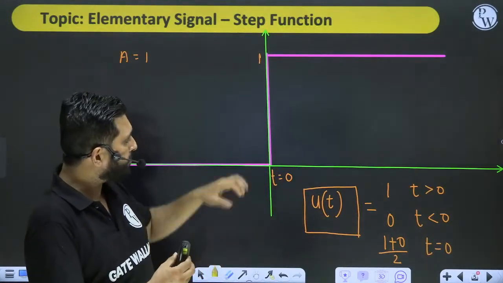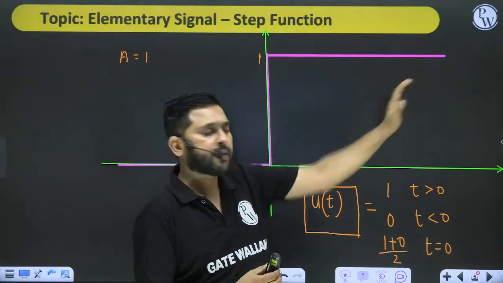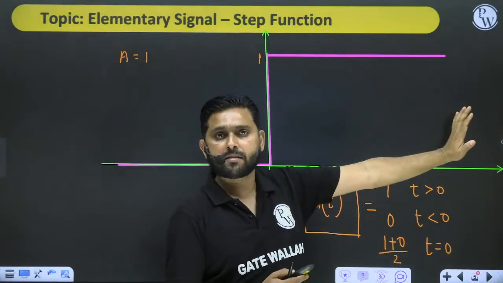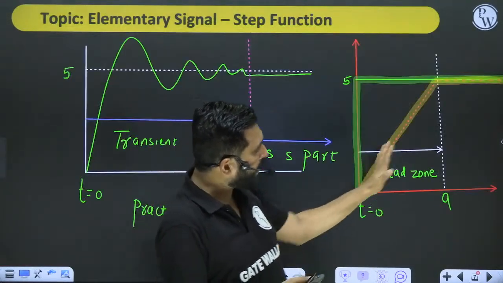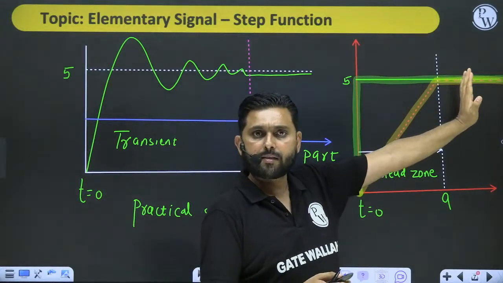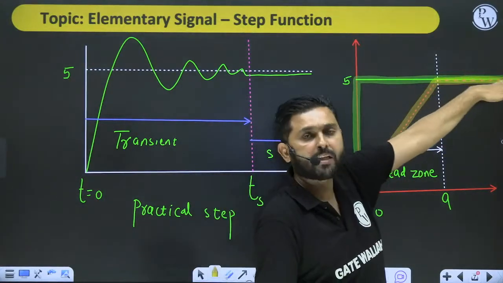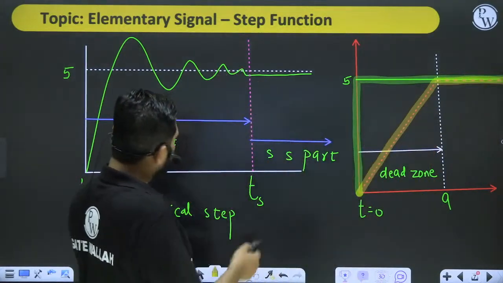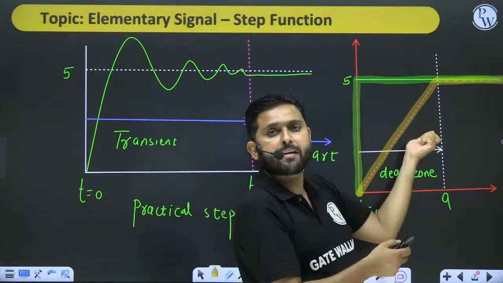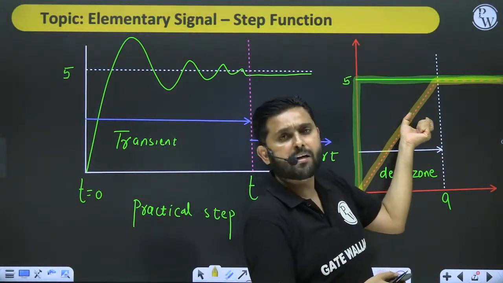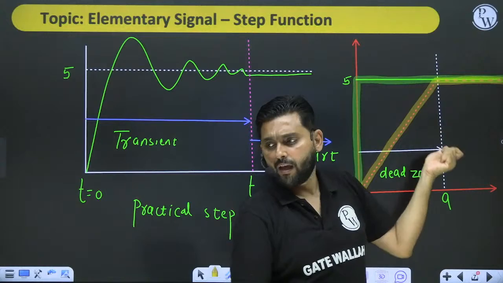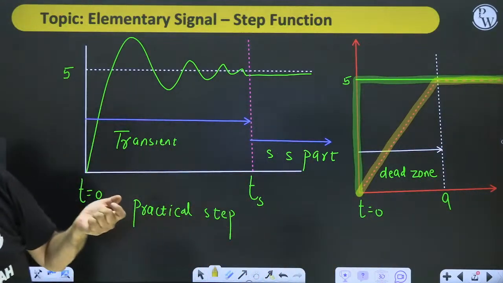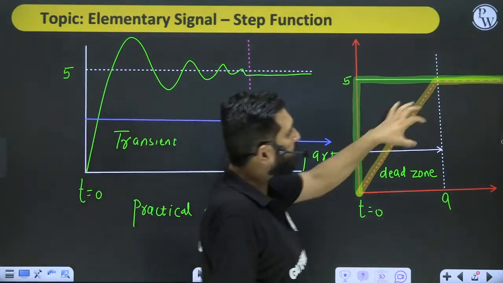So whenever I say this is the step function, the step function is actually this, but the practical step function is this one. We always have a practical step function in this form instead of this form. This kind of thing is very, very important.